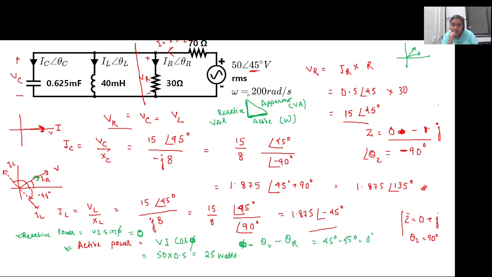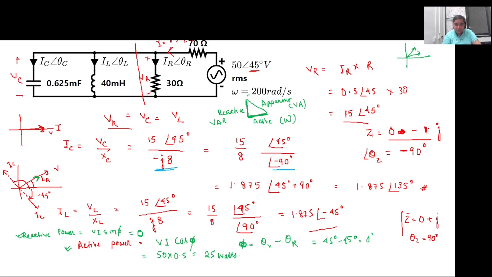How? Could you repeat, where did I write 180? In the previous one, we found IC. In the denominator, we have minus J8. This one, right? Yes, ma'am. If minus J8 comes, minus J turns into minus 90 degrees.